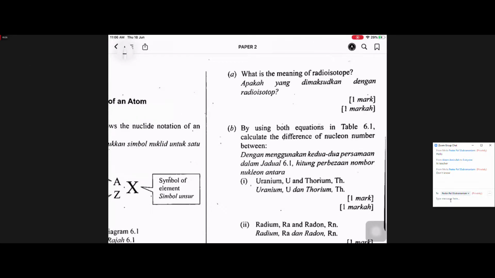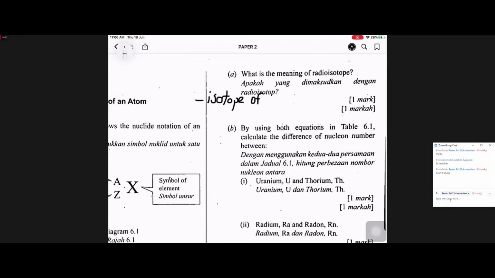Alim, what is the meaning of radioisotope? Satish, help him. What is radioisotope? The meaning of radioisotope.